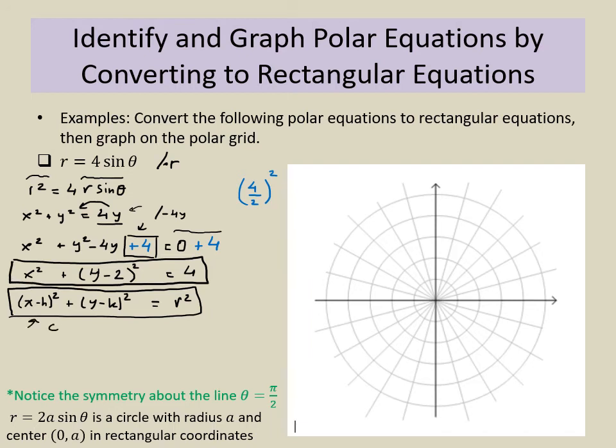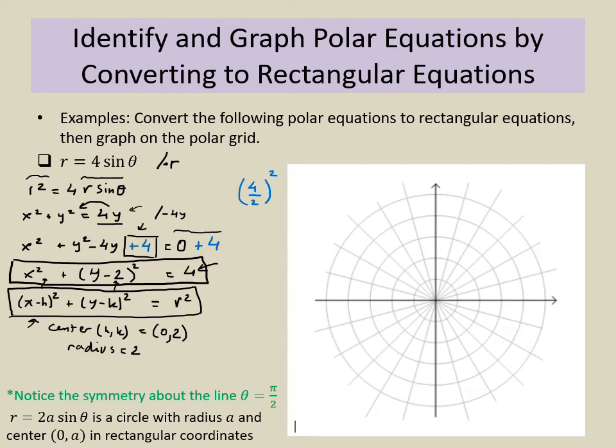What is the center of this circle? h and k, it's going to be what here? So h in this case is 0. k is what? 2. So the center is (0, 2). What about the radius? This is r squared right here. That means the radius is 2.